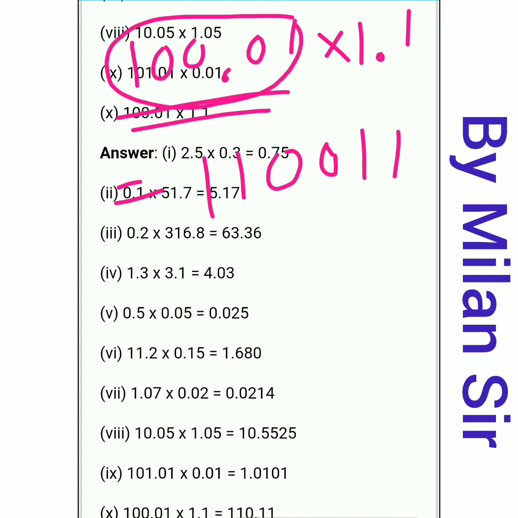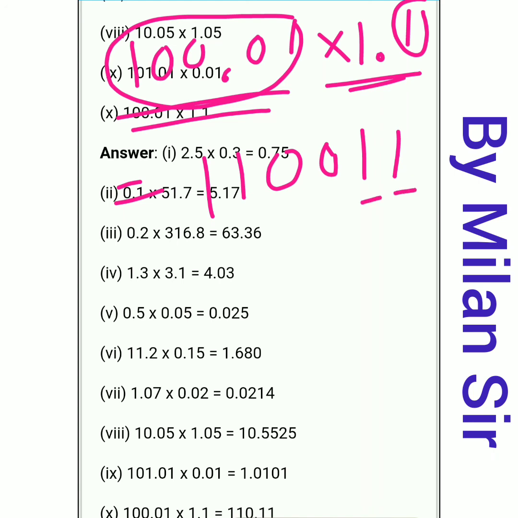Now in the first number we have two digits after the decimal point, and in the second number we have one digit after the decimal point. So in total we have three digits after the decimal point in the question. So in the answer we need to put the decimal point before three digits.